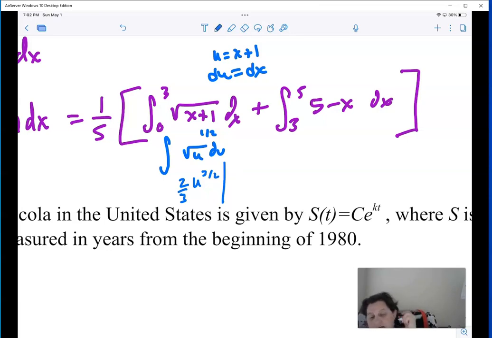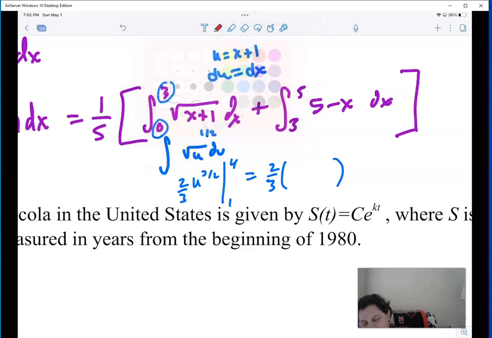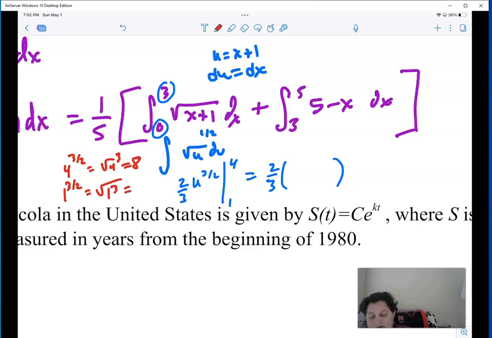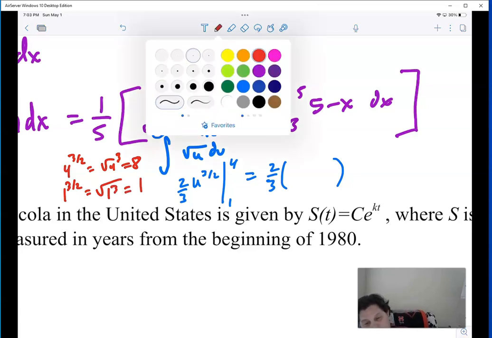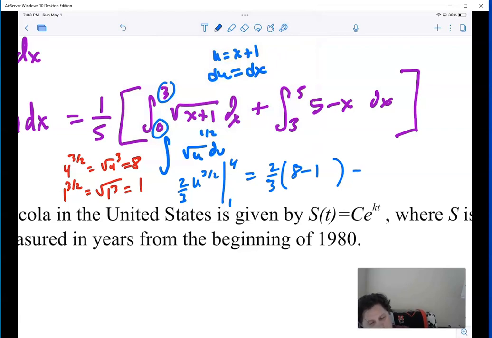I didn't change my endpoints. 3 actually now becomes 4, and 0 now becomes 1. I've got to do 4 to the 3 halves, 1 to the 3 halves, which is the answer for that first part, okay?